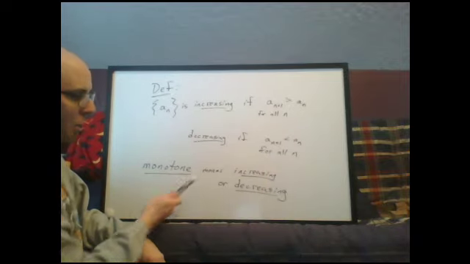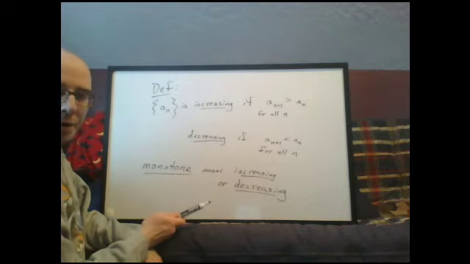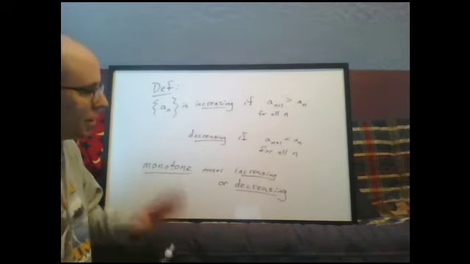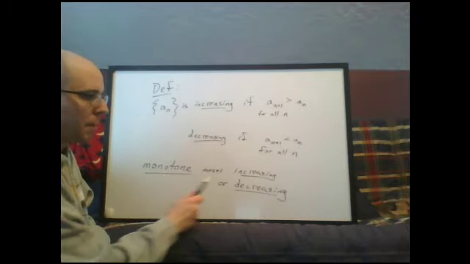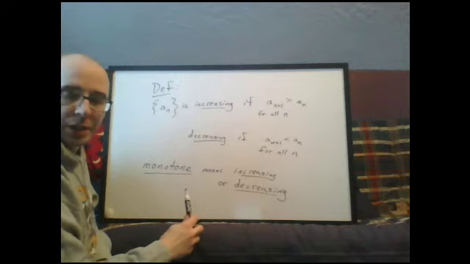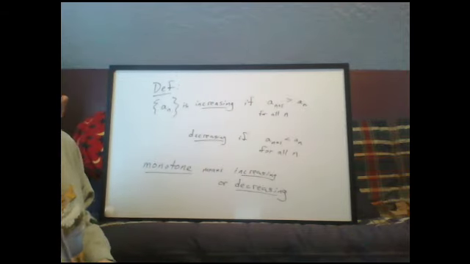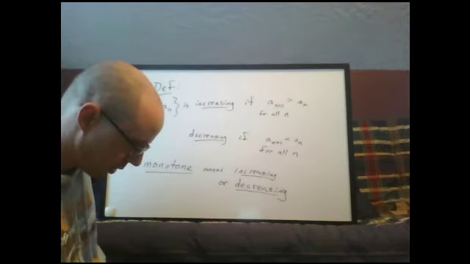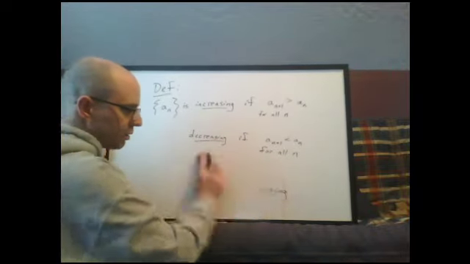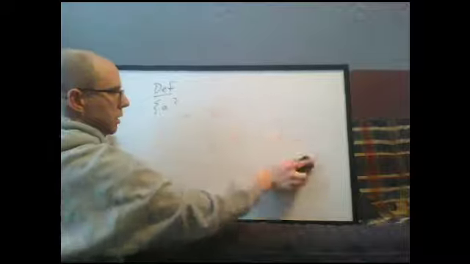If it's monotone, it has to be one or the other the whole way. Or at least eventually. Well, I'll get to that later. To be monotone, it has to be increasing always or decreasing always. All right. So we'll come back and talk about that a little bit more in a little bit.